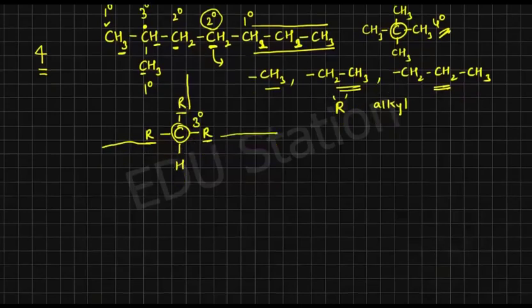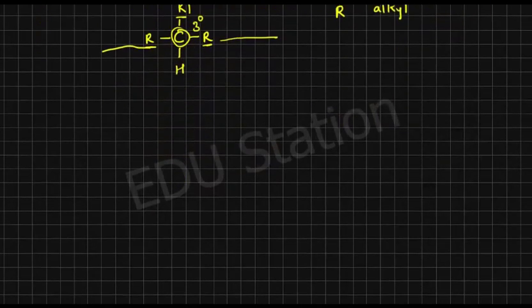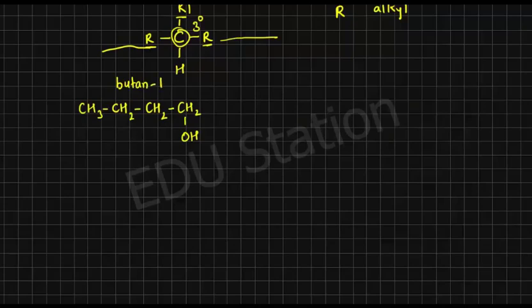Now, I will just give you an example of this. You have CH3, CH2, CH2, CH2OH. This is butane 1-ol. Likewise, you have CH3, CH2, CHOH, CH3.